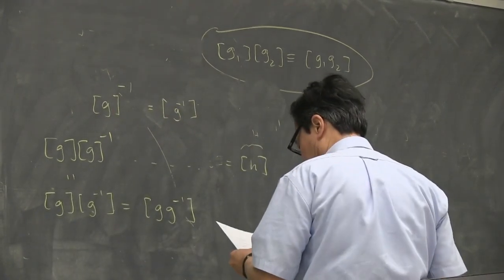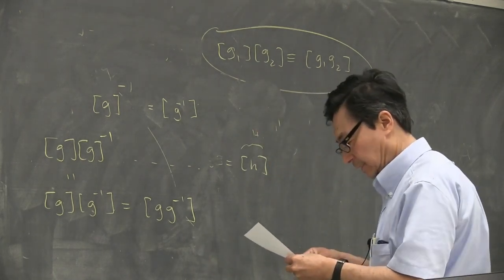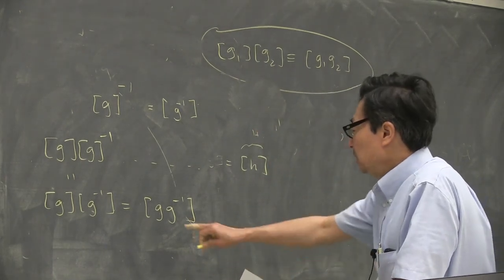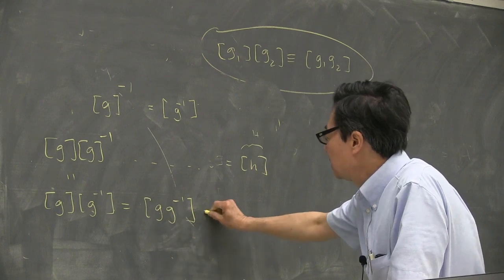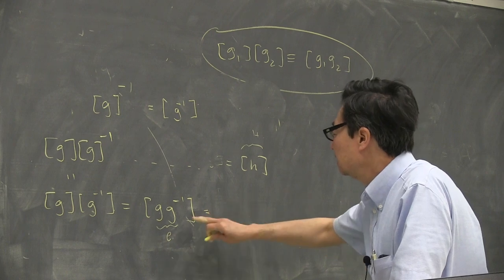And now, because GG inverse is the same as, well, you know that this is equal to E, okay? But let's not use that yet.